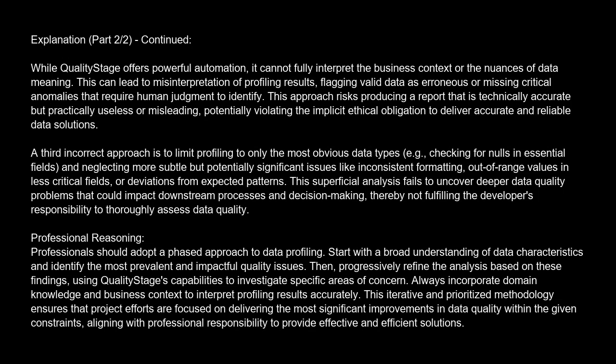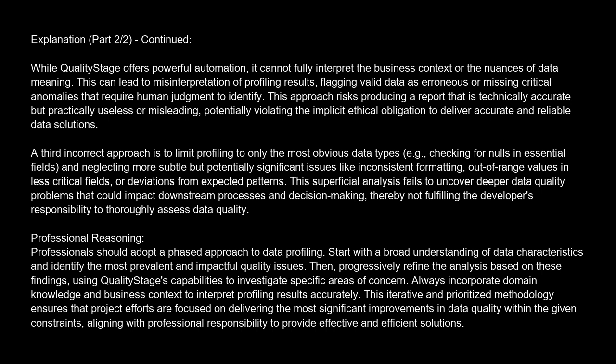While QualityStage offers powerful automation, it cannot fully interpret the business context or the nuances of data meaning. This can lead to misinterpretation of profiling results, flagging valid data as erroneous or missing critical anomalies that require human judgment to identify. This approach risks producing a report that is technically accurate but practically useless or misleading, potentially violating the implicit ethical obligation to deliver accurate and reliable data solutions.